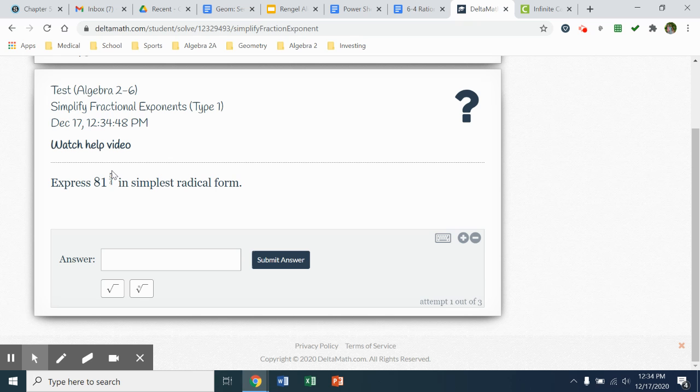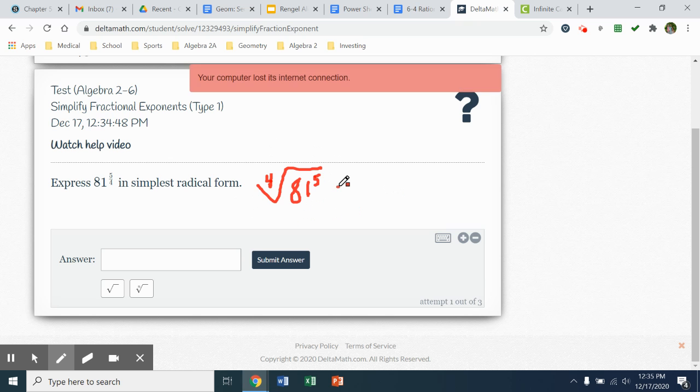So next we have 81 to the 5/4 power into simplest radical form. So I'm going to rewrite this in radical form. It's going to be the 4th root of 81 to the 5th. So now I'm going to check to see, can I simplify this any further?